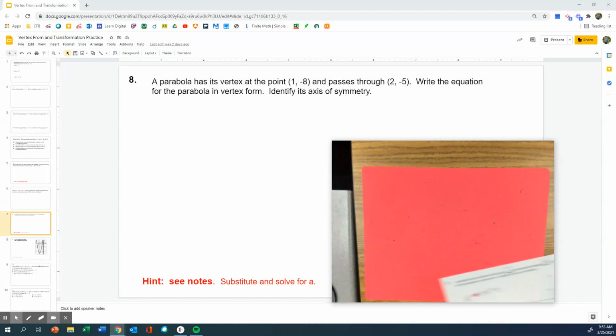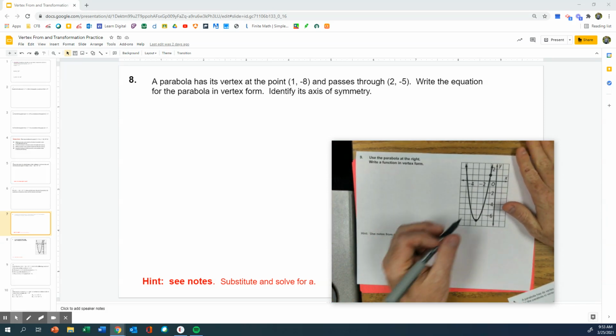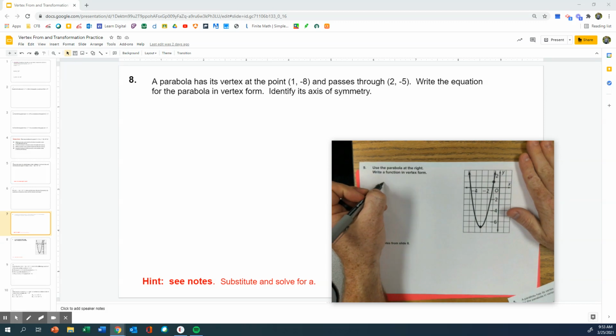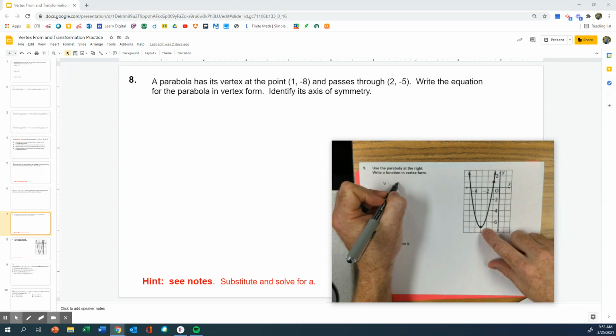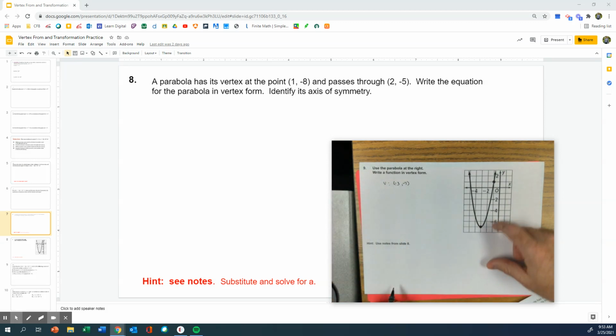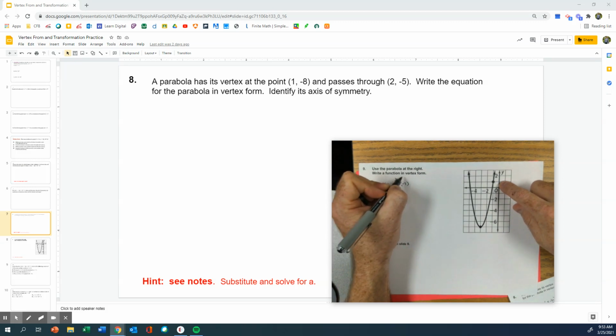Number 9 is going to be done the exact same way. The only difference is our vertex is (-3, -7), so that's our h and our k.